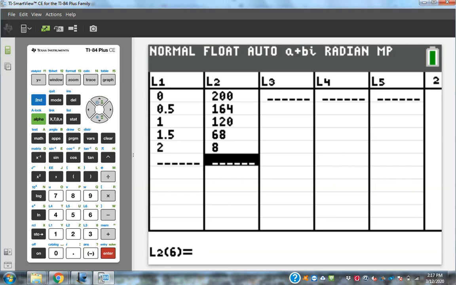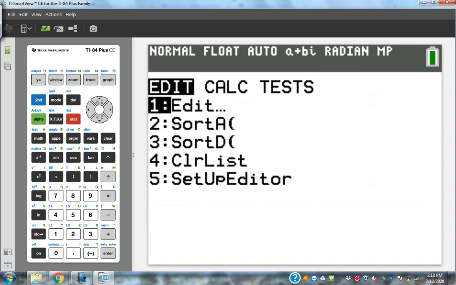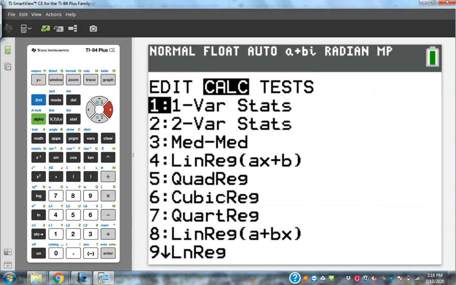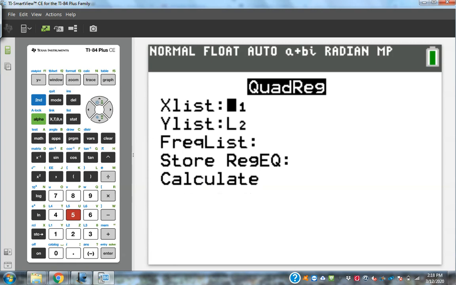All right. Once you get all of those typed in, we want to tell the calculator to make us an equation. So to get the calculator to make that equation, we're going to hit the stat button. We're going to go over to calc, and we're going to pick the quadratic regression, which is number 5. It's going to ask, okay, well, what's your X list?